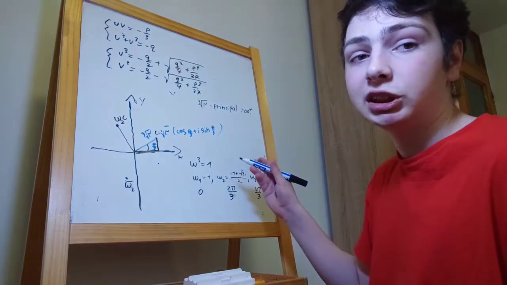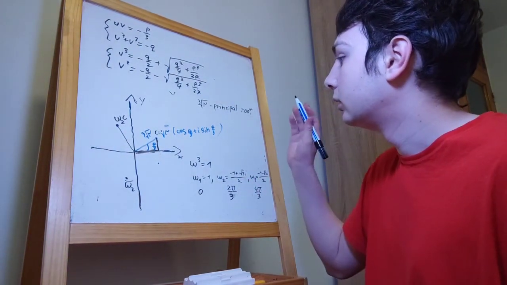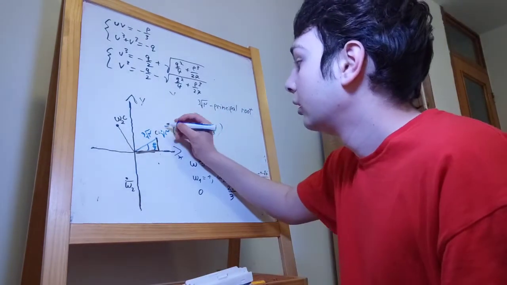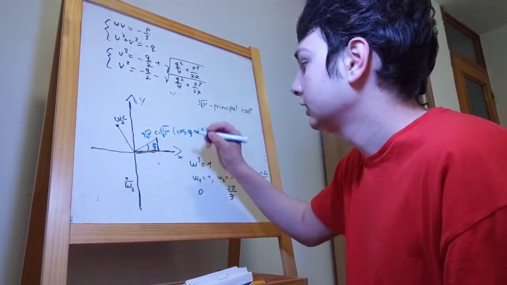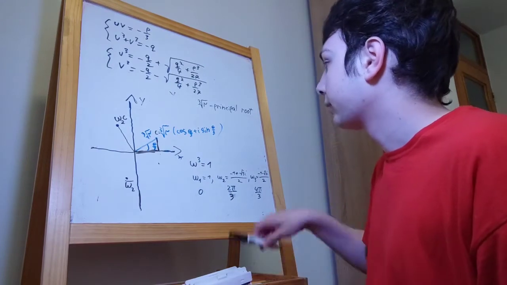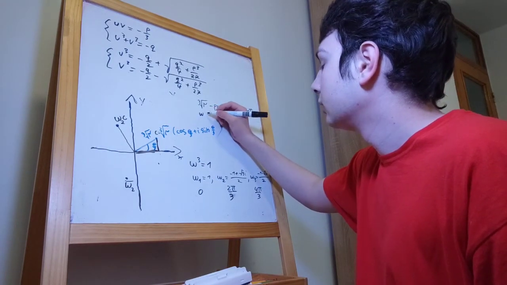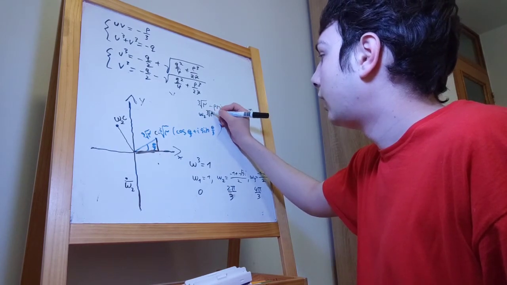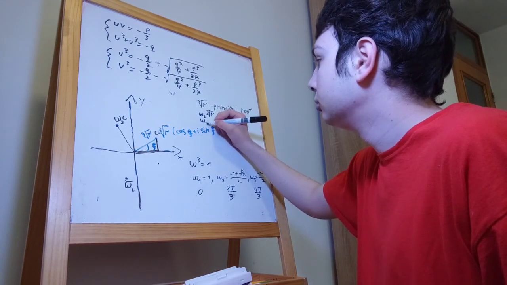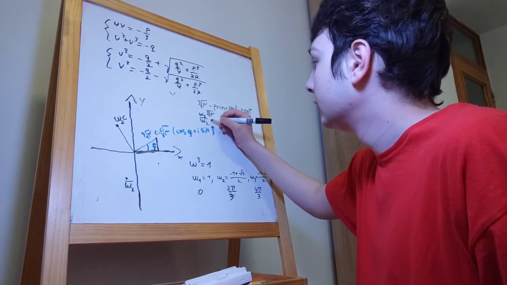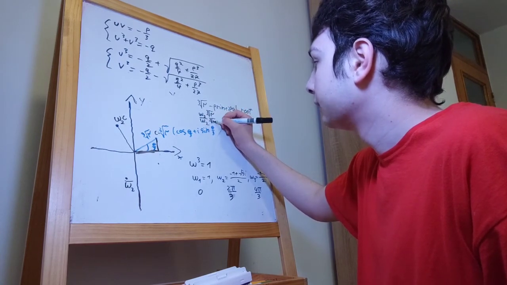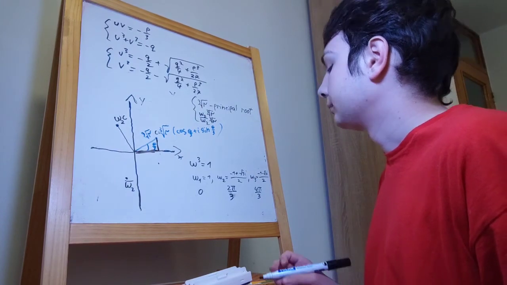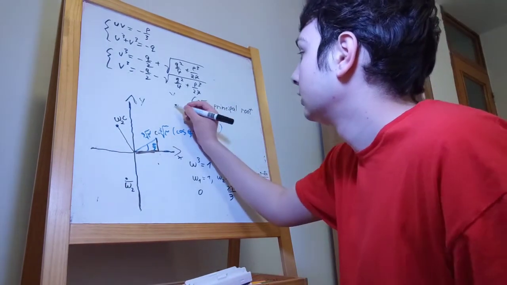The other 2 roots in the complex plane would be omega 2 times cube root of r and omega 2 conjugated times cube root of r, and these are our 3 cube roots.